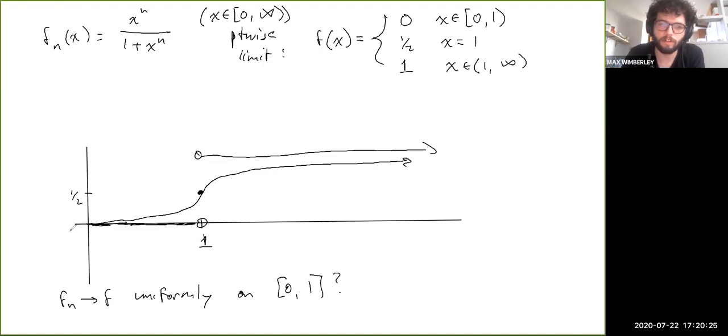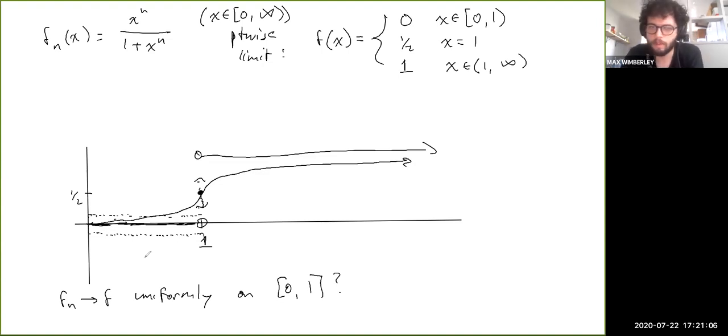For uniform convergence, remember, for any epsilon, if we draw a band around the graph of the pointwise limit, which is this horizontal piece plus this point, then we have to be able to find an n big enough so that the graph of fn stays completely inside this band.